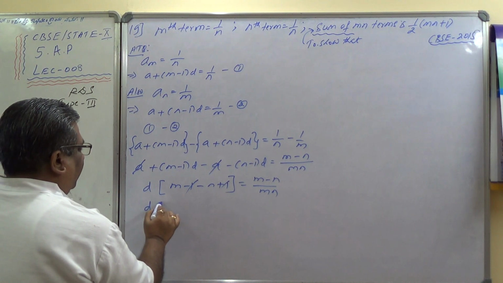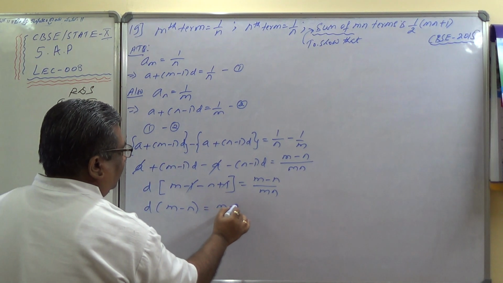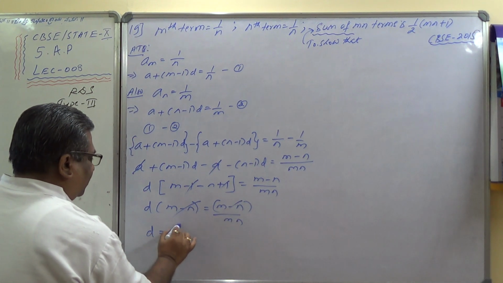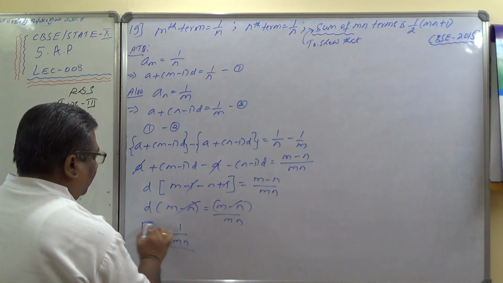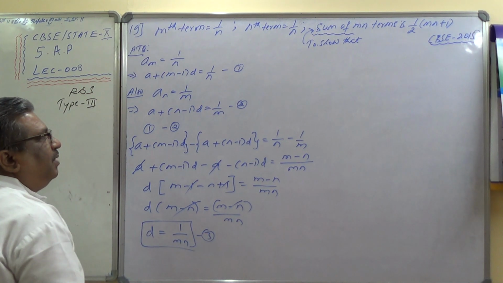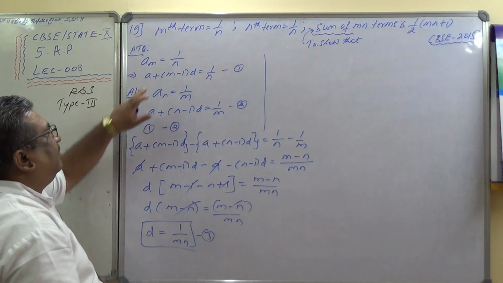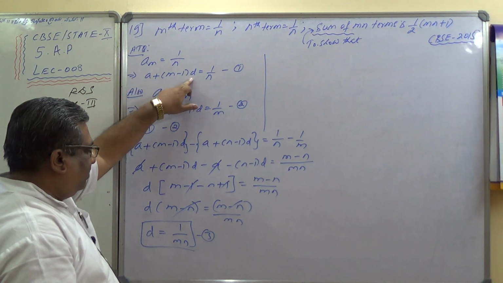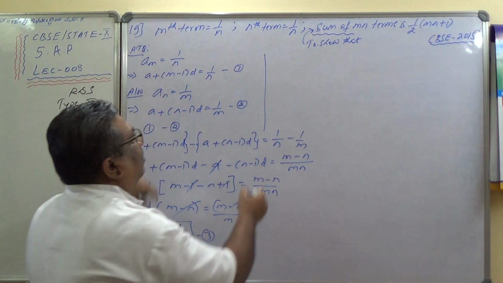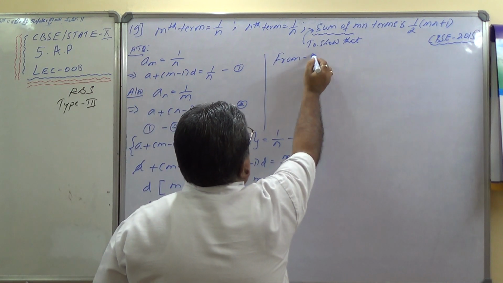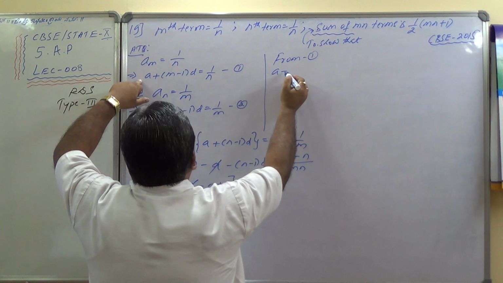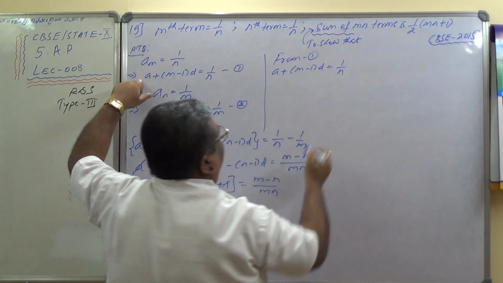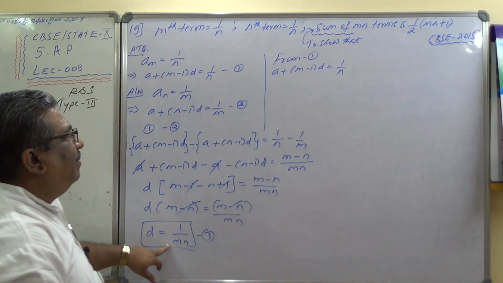So this is D times m minus n equals m minus n by mn. This will cancel, so D equals 1 by mn. Mark it 3. Substituting, take one equation and substitute D equal to 1 by mn to find out A. So from 1, A plus m minus 1 into D equals 1 by n. D is 1 by mn here.